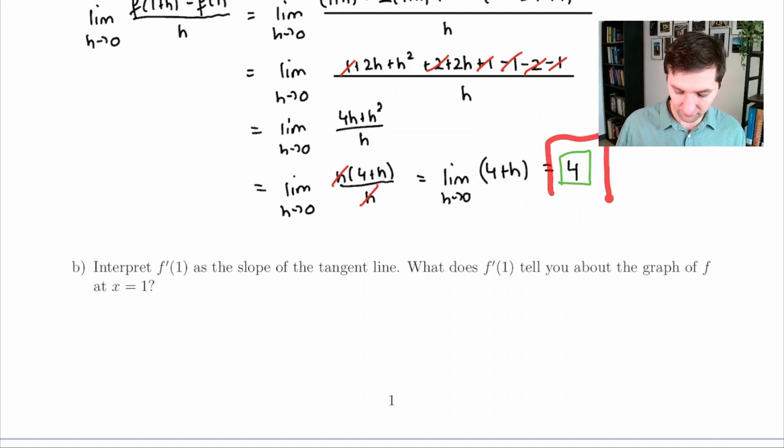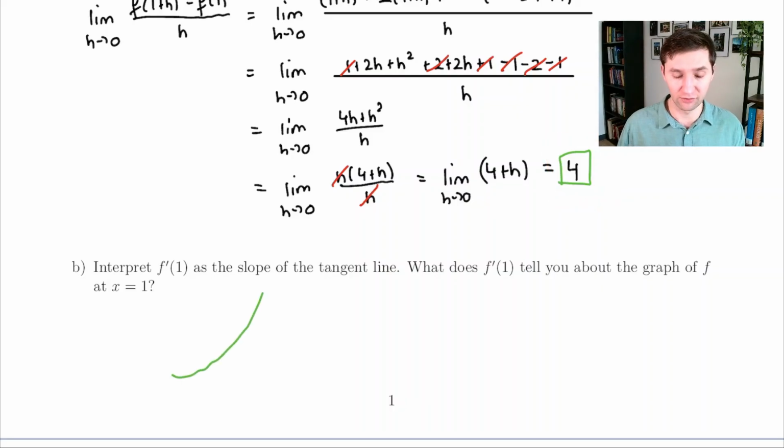This number 4 is the slope of the tangent line to the graph of f at x equal to 1. So, if this is a function given to us f, and this is a point corresponding to x equal to 1, at that point there is a tangent line with the slope of 4.